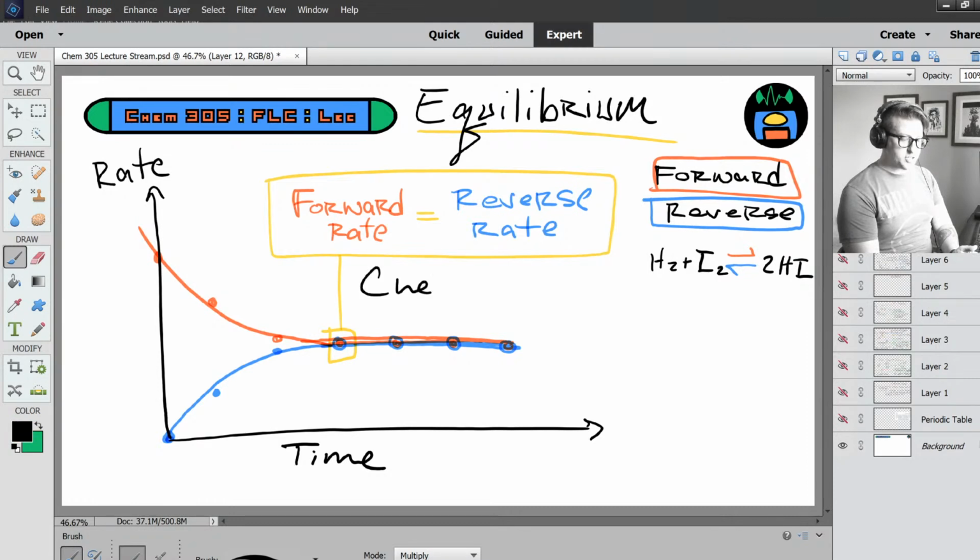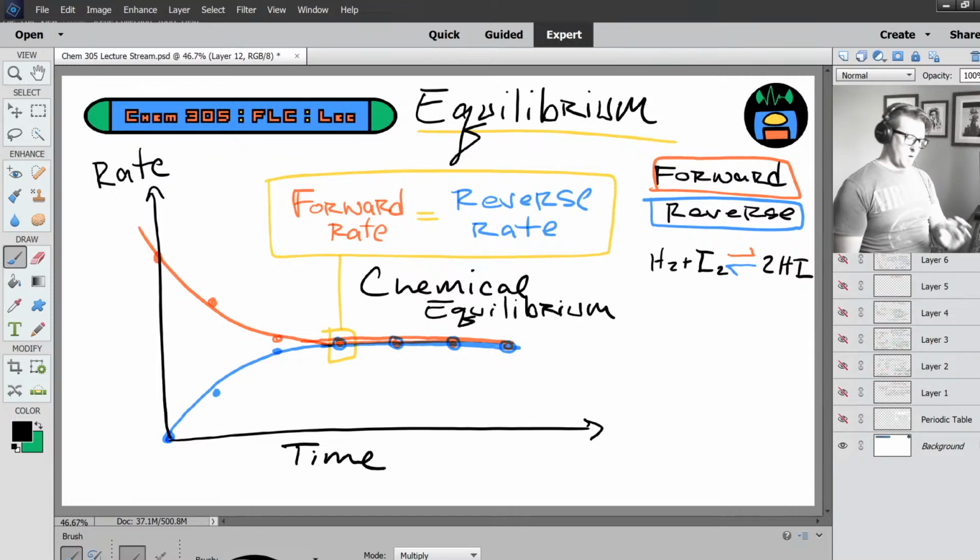This is the definition of chemical equilibrium. All right, it's when the rate of the forward reaction is equal to the rate of the reverse reaction. All right?